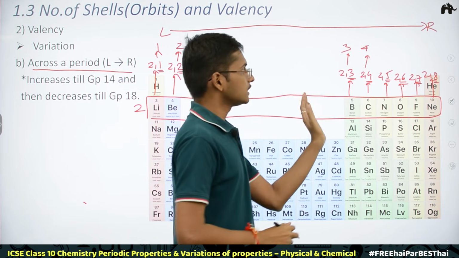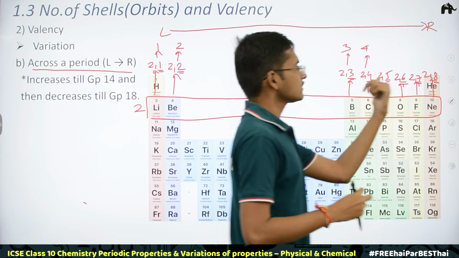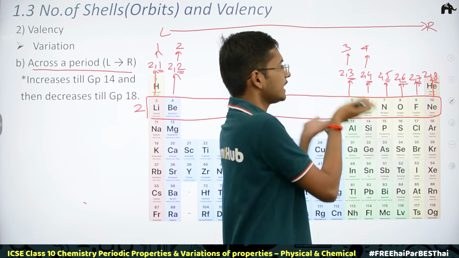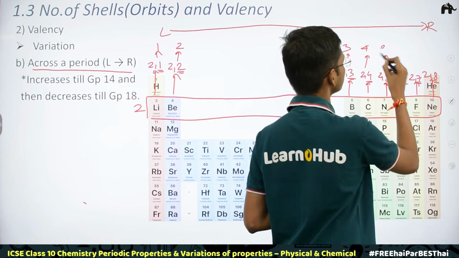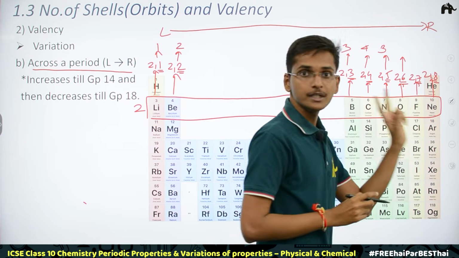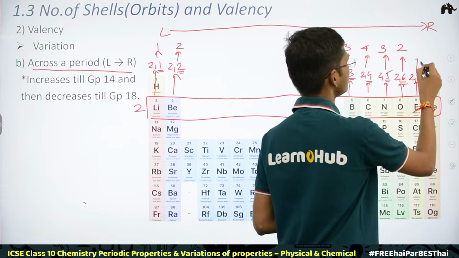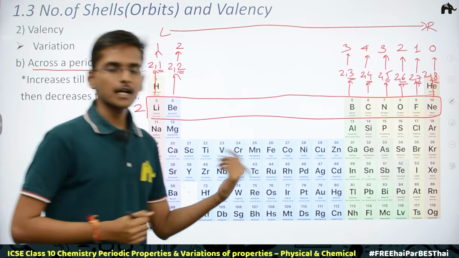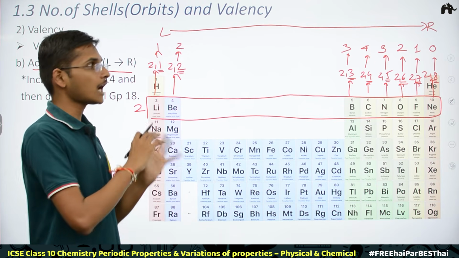Then trick number 2. If valence electrons are 5, 6, 7, 8, we just subtract the valence electrons from 8. So 8 minus 5 is 3, 8 minus 6 is 2, 8 minus 7 is 1, and 8 minus 8 is 0. Now it's pretty clear how valency is varying.